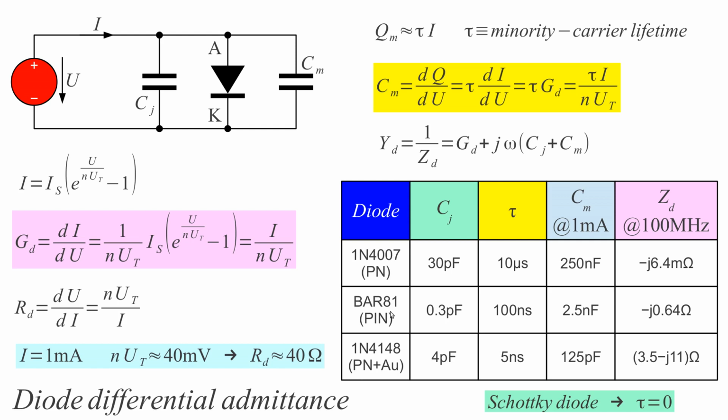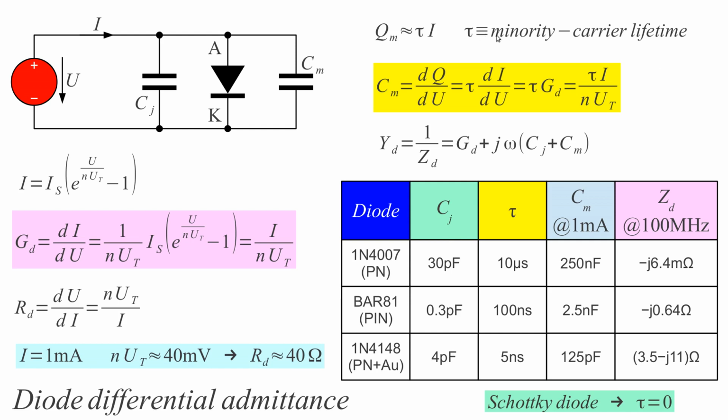As a PIN structure, this diode is specially made for switches in the few gigahertz region, say from 1 gigahertz to 3 gigahertz about. So that's the reason for its low junction capacitance. These junction capacitances are at zero bias or slightly negative bias. But the most important parameter to understand here is the minority carrier lifetime.